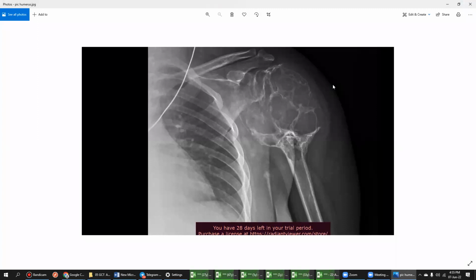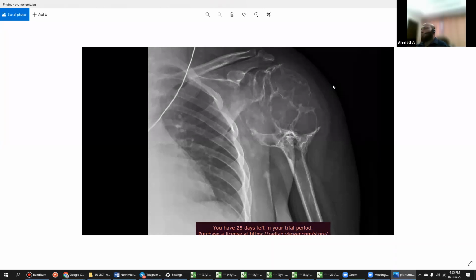I can see a large expansile lesion involving the left humeral head, which is showing internal areas of multiple septi, and there is associated cortical irregularity as well. And I don't see any evidence of associated periosteal reaction.